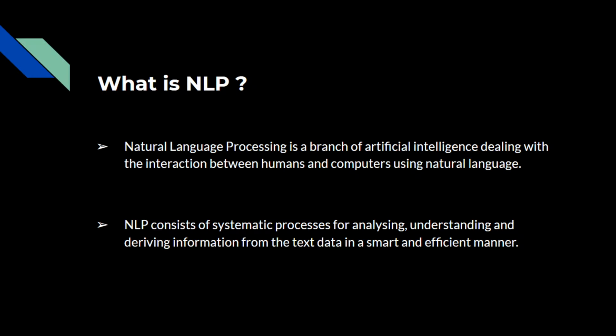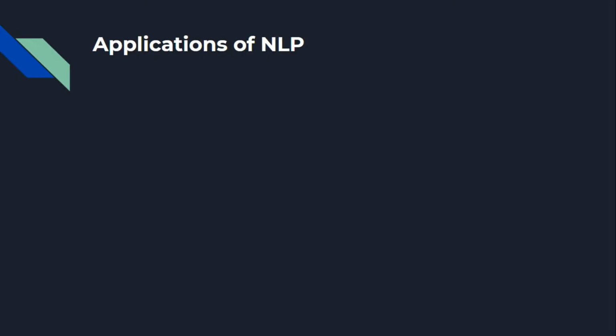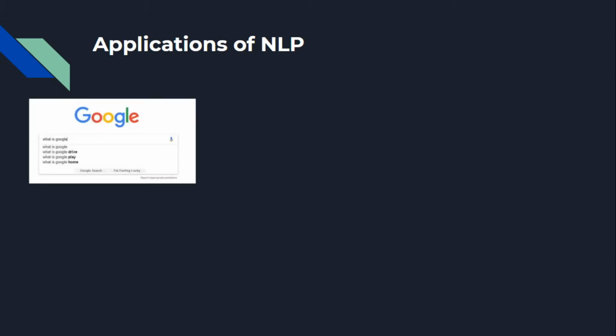Now there are different tasks of NLP. What are the applications of NLP? In what fields can we use natural language processing? So let's talk about that. The first and foremost application that everyone uses in their daily life is Google. You enter a search query, and after you enter a particular keyword, you get the information regarding that keyword.